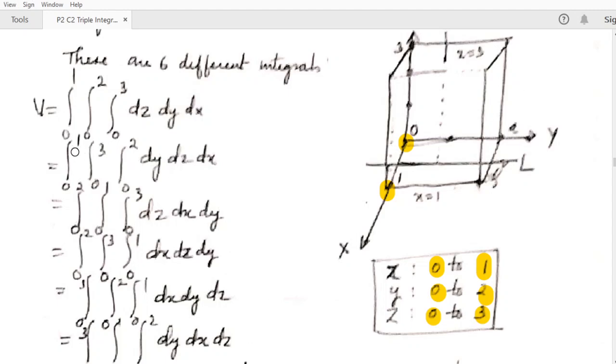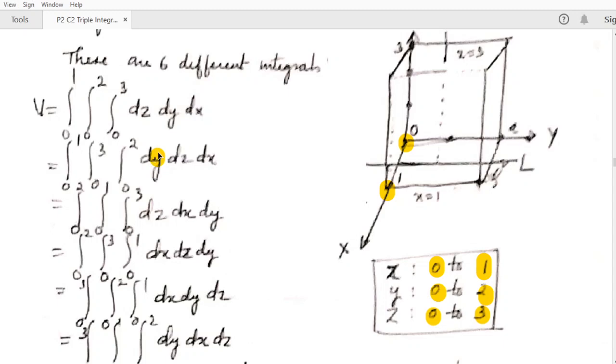Like here we are having triple integral dy dz dx. So for that, first we will be seeing our first variable for which we have to find the limit. For y we have to find first, then we have to find for z and x. So first we have to find the limit for y.